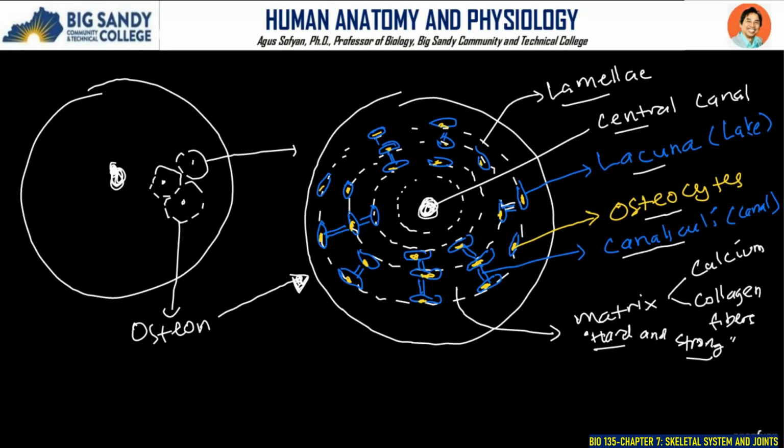And the basic matrix of these osteons is calcium and collagen fiber, which gives the compact bone its hardness and strength. So the compact bone is very hard and also strong. That's how compact bone looks.